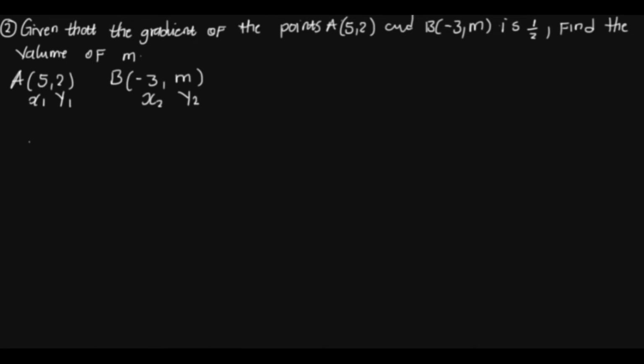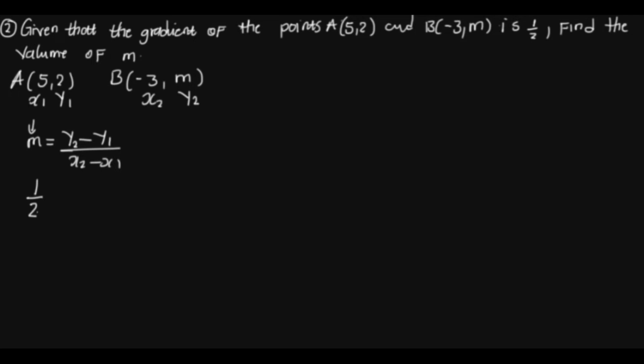Okay, now the formula for gradient is equal to y2 minus y1 over x2 minus x1. So this time a gradient is given, so where there is m for gradient, we are going to substitute with 1/2.